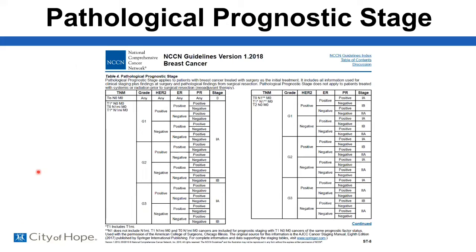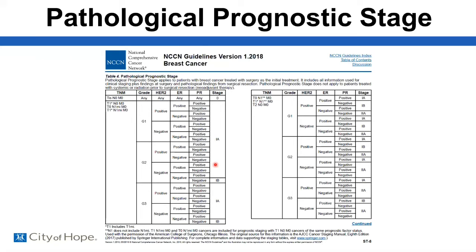So once the tumor is out, now you can get a final pathologic stage based upon both the surgical specimen, so the final size that the pathologist measures, and how many lymph nodes there are. So now we can count them and we can see all these different prognostic features, including tumor size, lymph nodes, grade, and all those receptor studies.